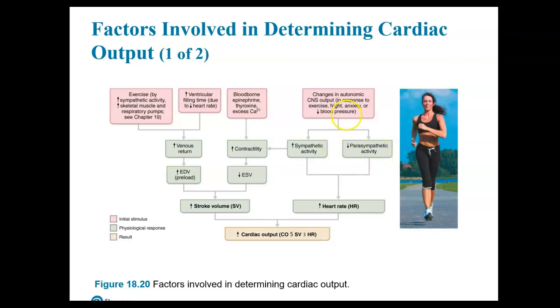And what's going to cause those is changes in autonomic output. Exercise, fright, anxiety, those are things that are going to increase your sympathetic activity and decrease your parasympathetic activity. And that's going to increase your heart rate, and that is going to also increase your cardiac output.